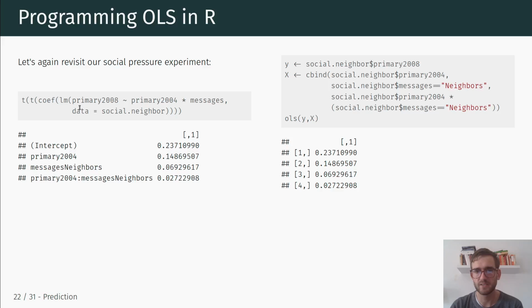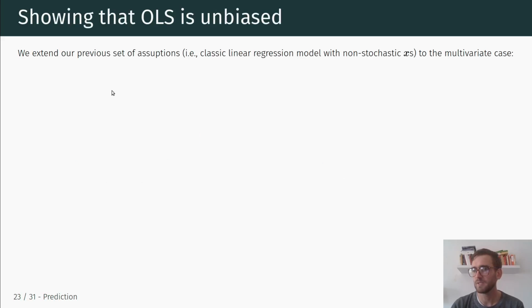So if you have been suspicious about the lm function before, I hope now I finally convince you that you can safely use it, because it indeed gives you the OLS estimates in the bivariate as well as the multivariate case. In the next video, I'm going to proceed to show that OLS in the multivariate case is also unbiased.